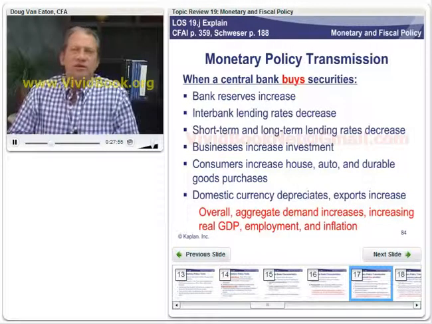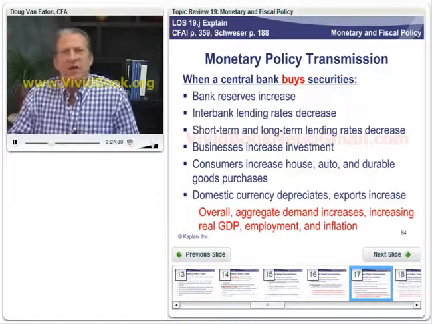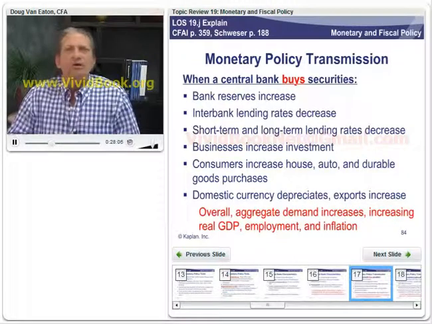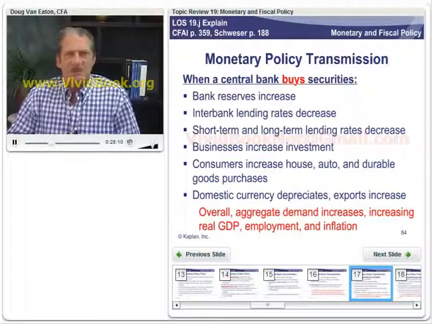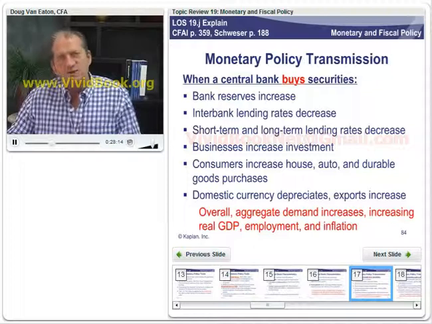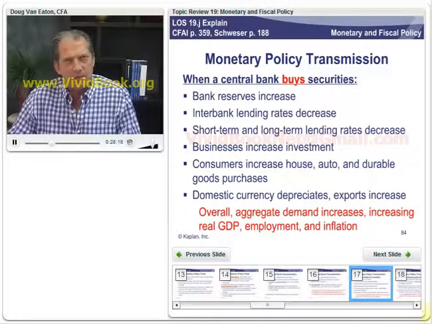This increases banks' reserves. This decreases that federal funds rate, or more generally, the interbank lending rate. So short-term and long-term lending rates decrease, especially if we think of the long-term rates as just having a liquidity premium, a maturity premium on them.